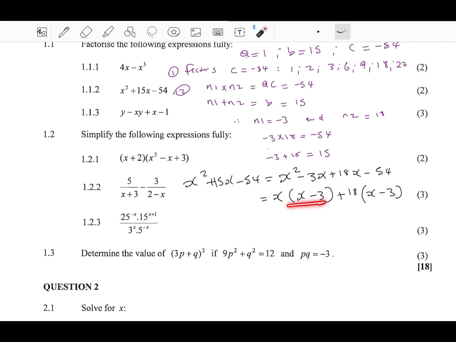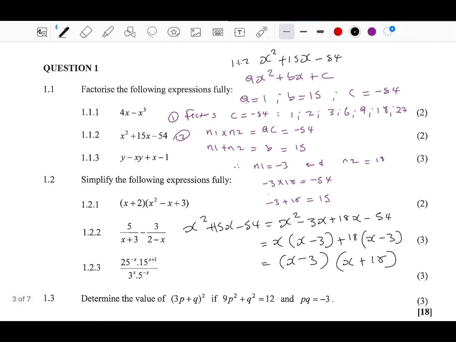Again, identify the common factor, which is x minus 3. If you factor that out, x times (x minus 3) divided by (x minus 3) is x, and 18 times (x minus 3) divided by (x minus 3) is 18. Boom, that's your final answer.